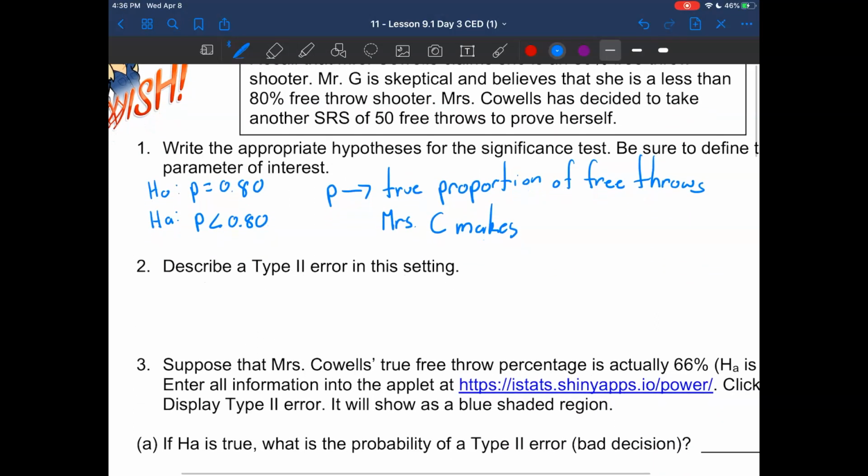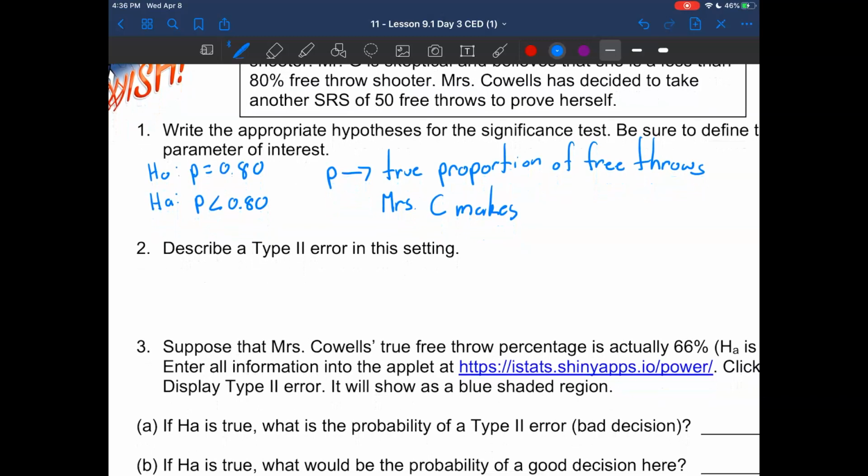Okay, so now we're going to go ahead and describe a type 2 error in this setting. You should know what a type 2 error is. That's where the alternative hypothesis is true, but we fail to reject the null.